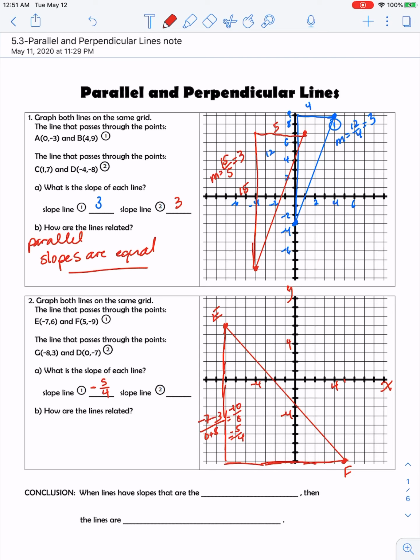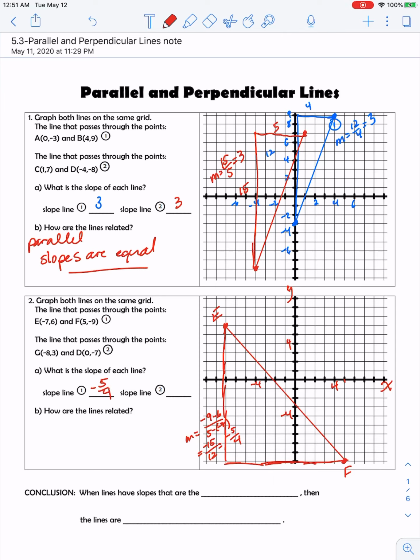Wait, oh, I did the wrong one. That's not -5 over 4. Sorry, get rid of all that. I used the wrong points. That'll be -9 minus 6 over 5 minus -7, which is -15 over 12, which is -5 over 4.